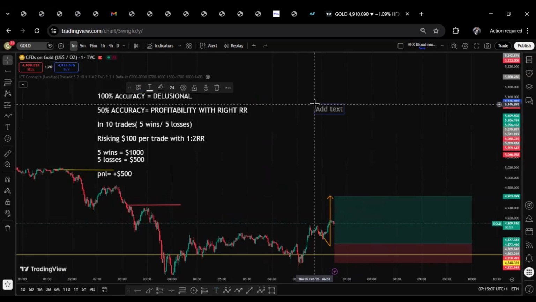You're risking 1:3 RR. 5 wins, risking $100 per trade, just like we have here already.